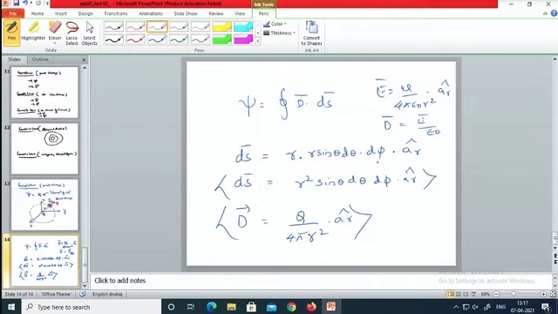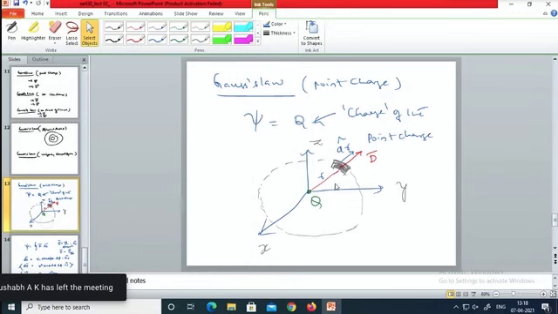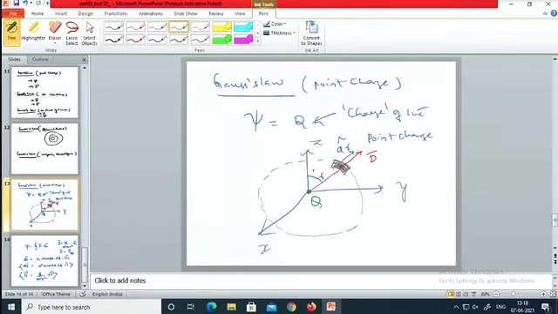Theta is the angle between the z component and the vector component, and phi is the azimuthal angle, what we have discussed in the spherical coordinate system. So these are varying quantities. R is not varying, theta and phi are varying.